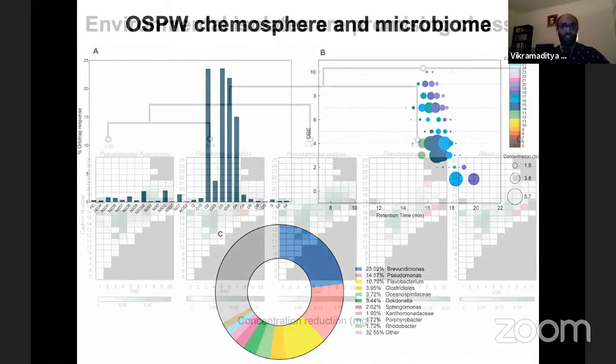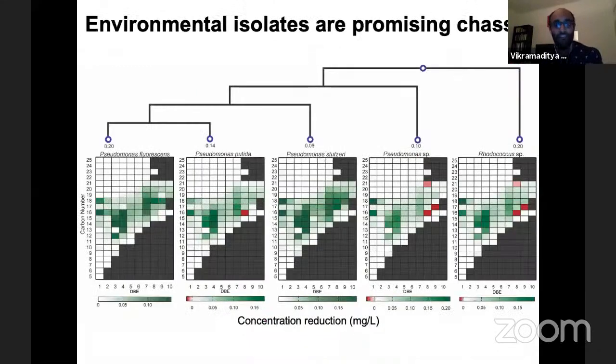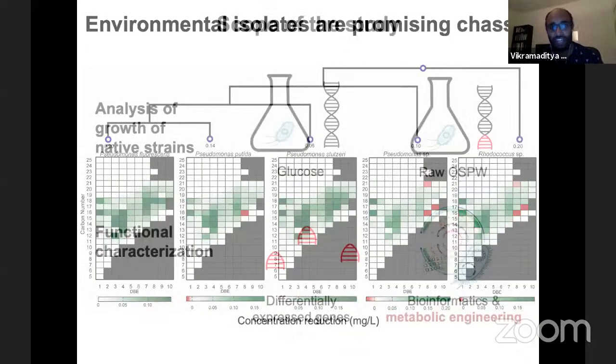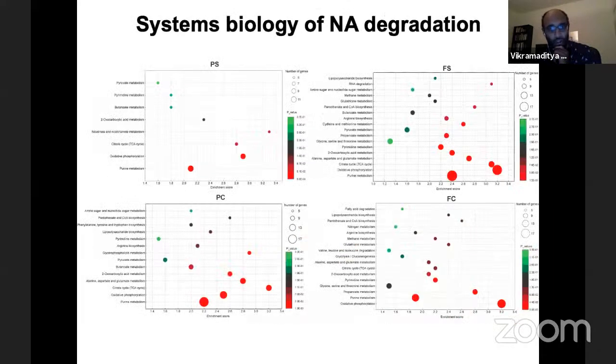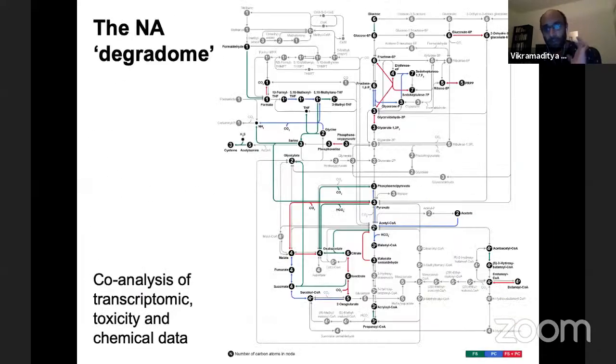What we have done is we have gone to these environments, we have discovered new strains, and now we are genetically engineering those strains to improve the degradation of naphthenic acid. So I will quickly rush through these slides because there's a lot of systems biology detail, but we have uncovered the metabolic networks.